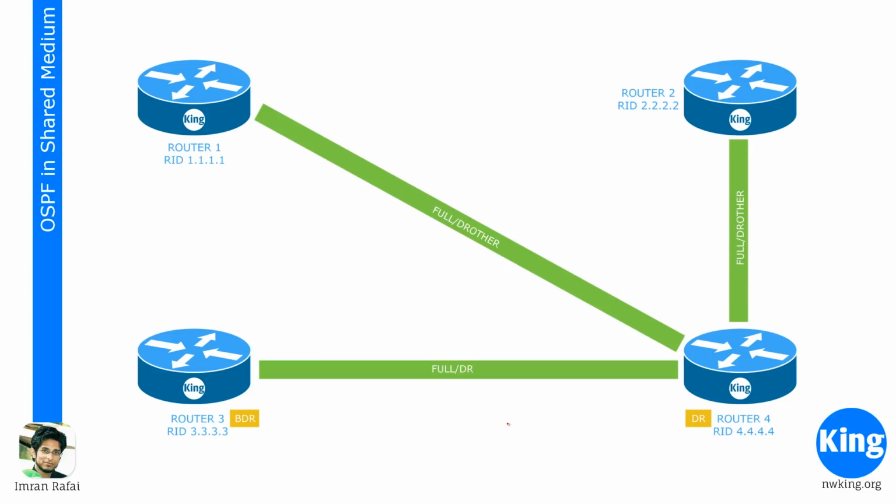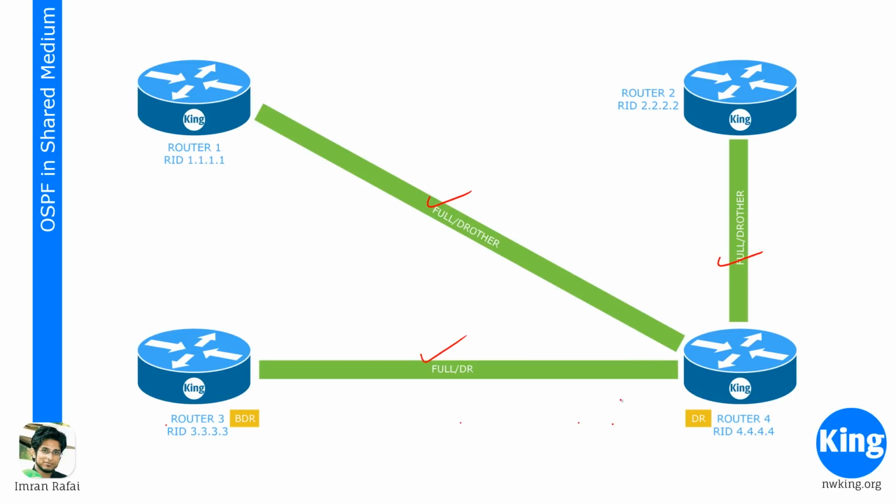Now, we spoke about full adjacency, right? In a shared medium, the relationship between a DR and all the devices is always going to be full. We spoke about full. If you do the verification command, which we will be doing when we configure, you would see what the other device is.